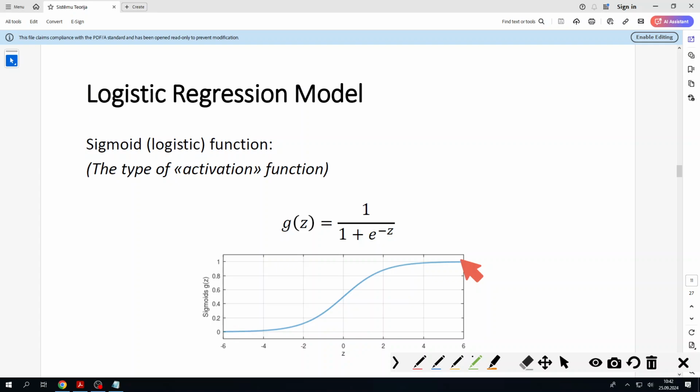Keep in mind that when you calculate the gradient descent method, you will have to calculate the derivative of that function. And it turns out that this specific function is convenient for calculating the derivative. In fact, it is going to give you exactly the same derivative for the cost function as in the linear case.